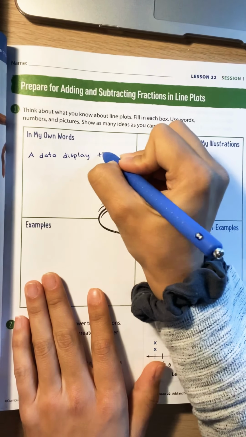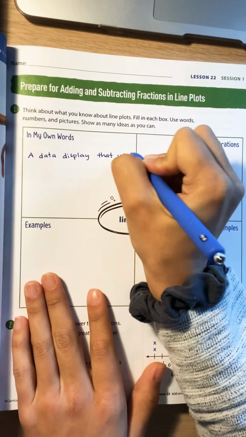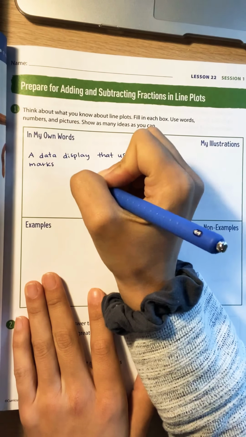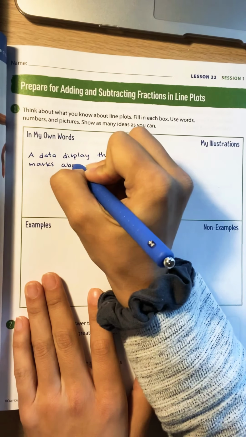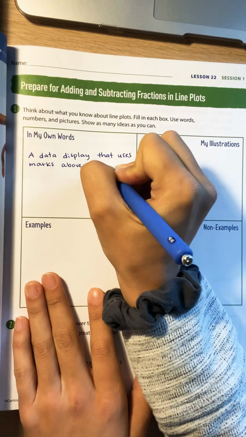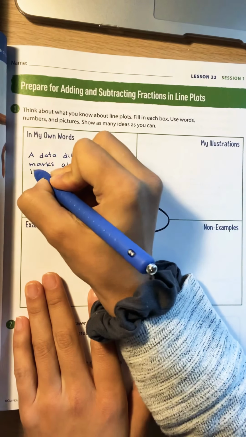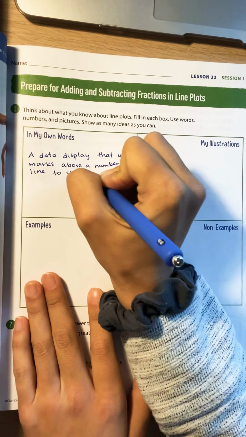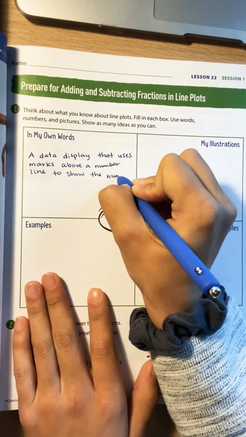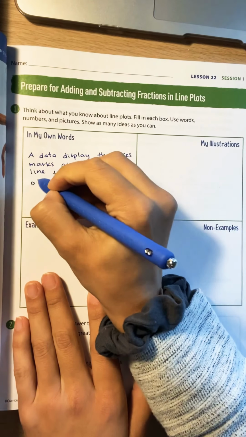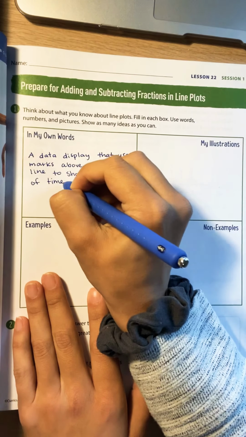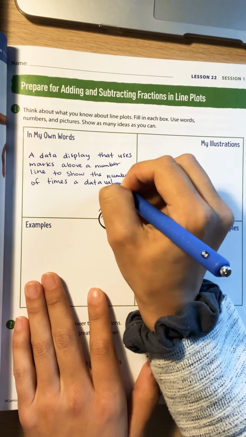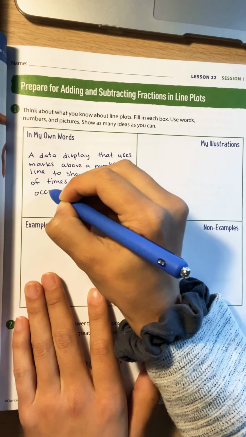A data display that uses marks above a number line to show number of times a data value occurs.